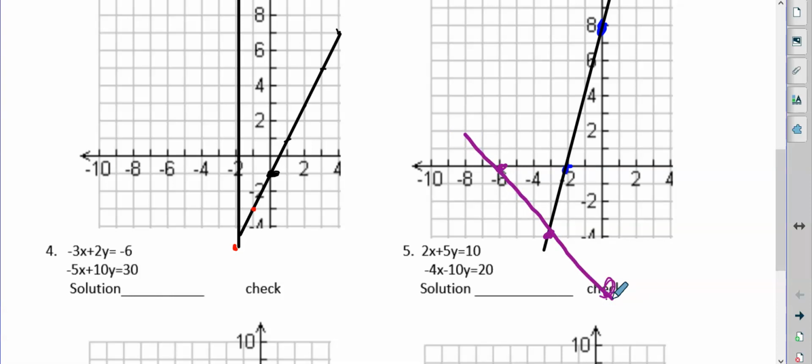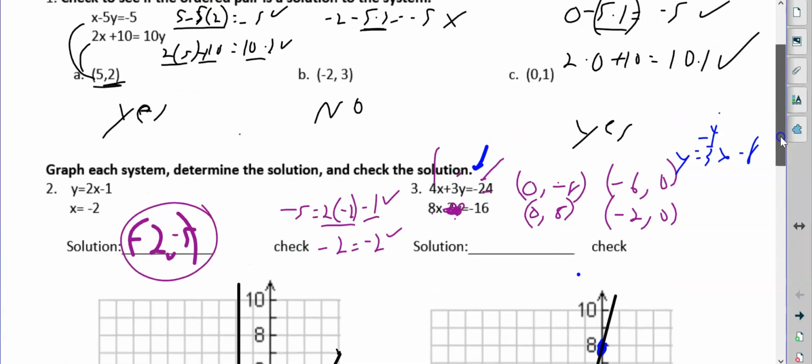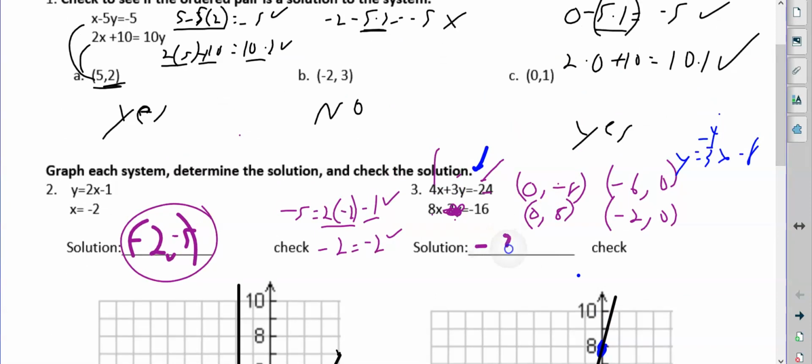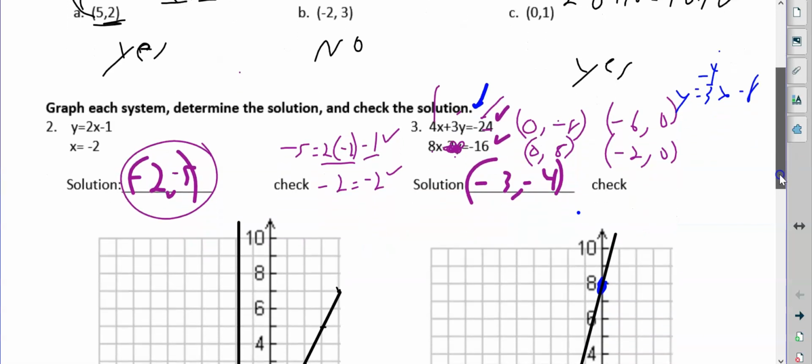Which is obviously our point of intersection. Okay, so then what we do is we plug those numbers in and verify that they work in both lines. It'll save you time, they do, but you should check on your own.